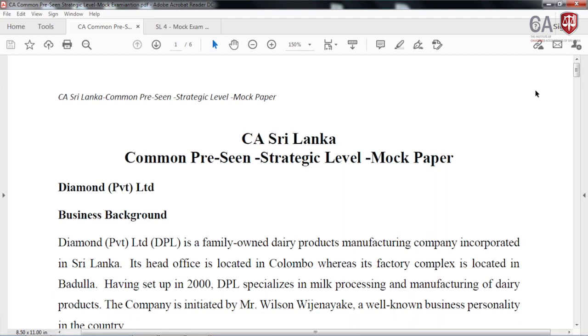Leadership style will be more applicable with the SML subject, but it will have low importance for financial management. That is one of the things you have to understand when you are analyzing the common pre-seen given.